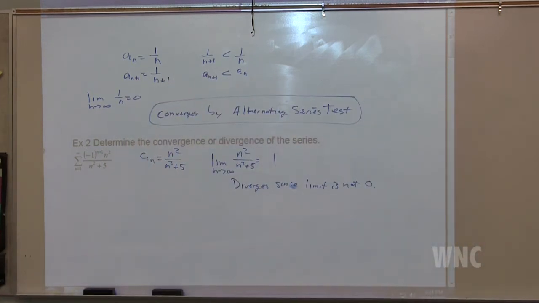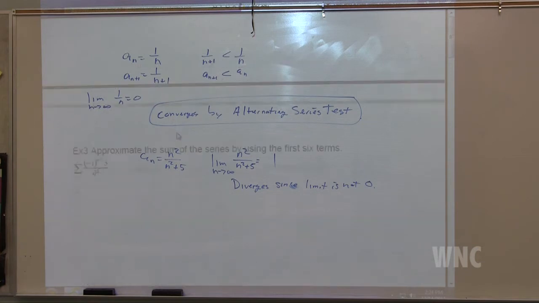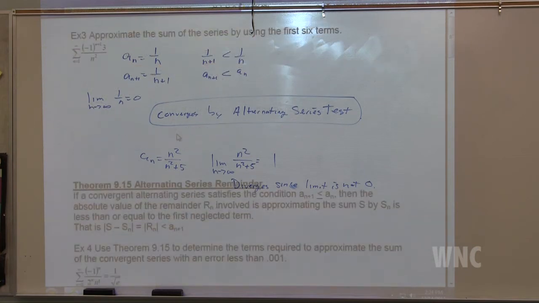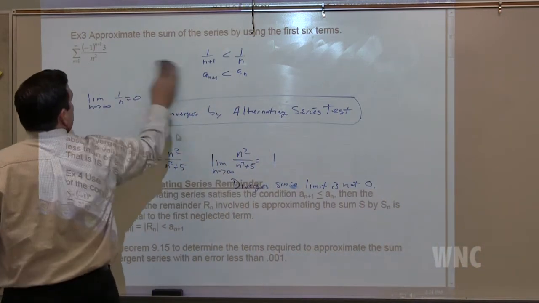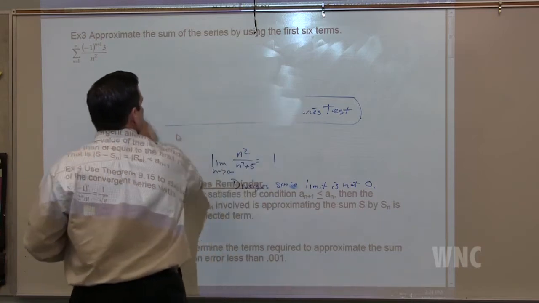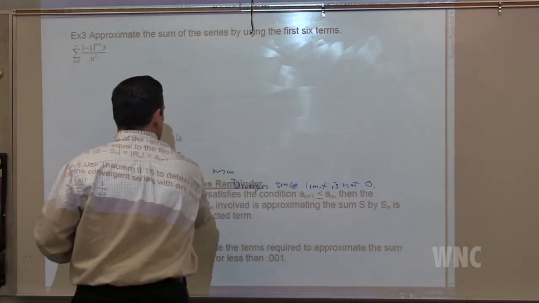Let's go to page 2. Okay, for example 3, it says to approximate the sum of the series by using the first 6 terms.